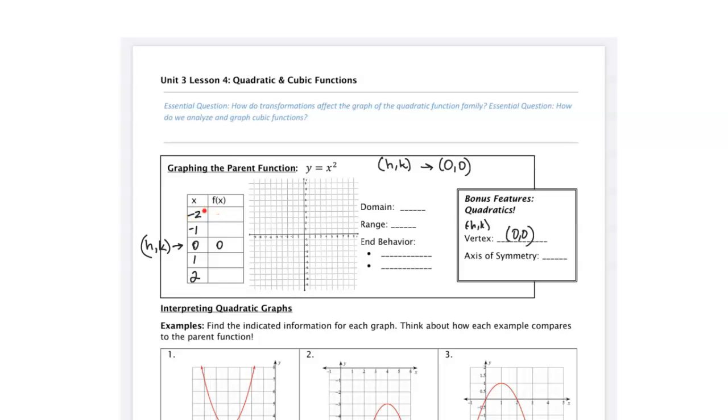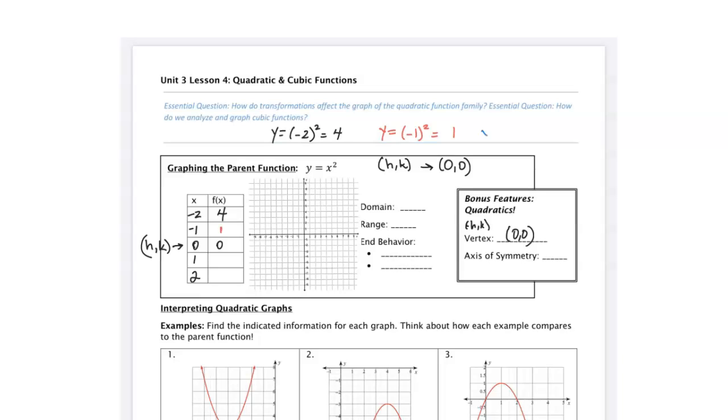So if we were to take our x value of -2 and plug it into our equation here, we'd have y equals -2 squared. And that gives us a 4. So this output is a 4. If we plugged in our -1, we'd have y equals -1 squared. And -1 squared is 1. So our output is a 1.